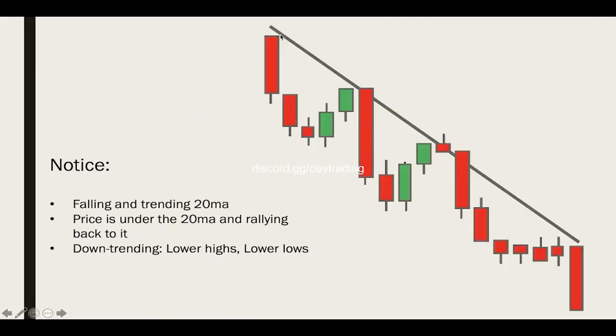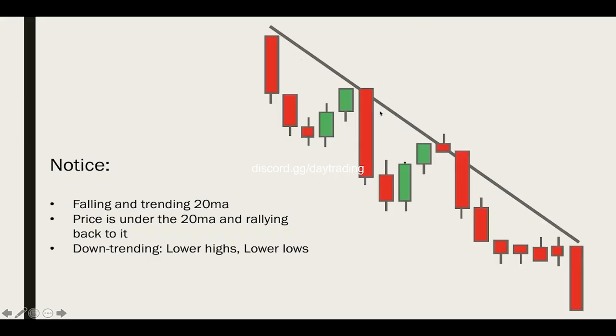Let's look at the 20-day moving average when it's declining. Remember, when we have a falling and trending 20-day moving average that's trending lower, we see that price is under the 20-day moving average, and whenever price drops, it usually retraces to the declining 20, drops, retraces to the declining 20, drops, and then in this case it based into the declining 20.